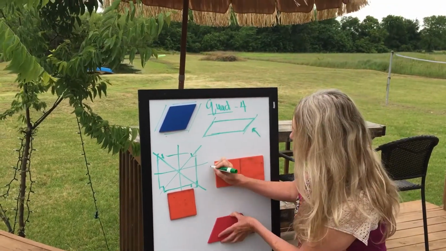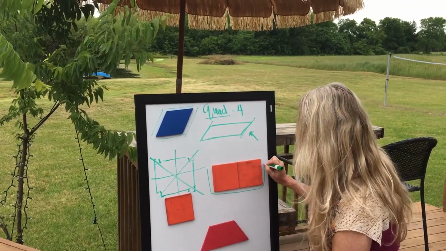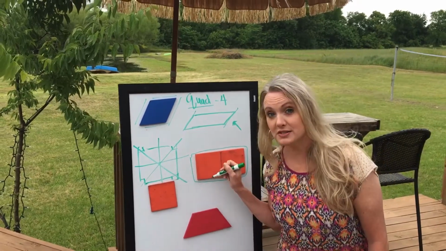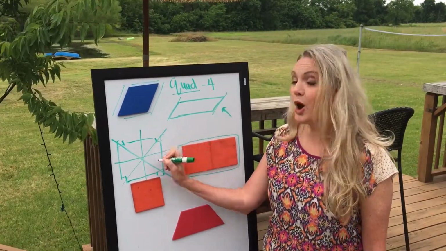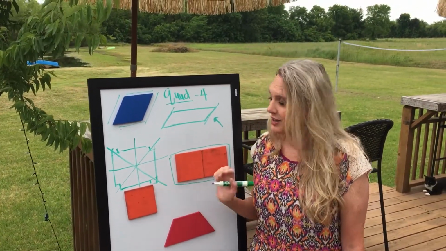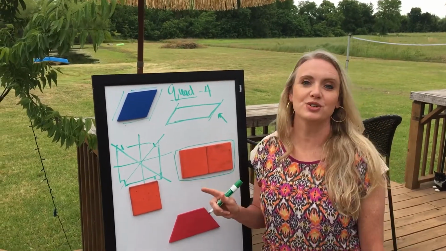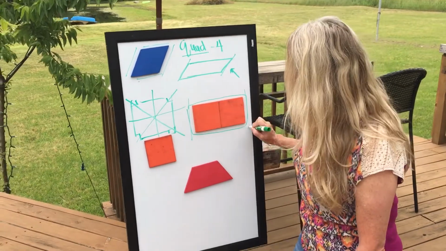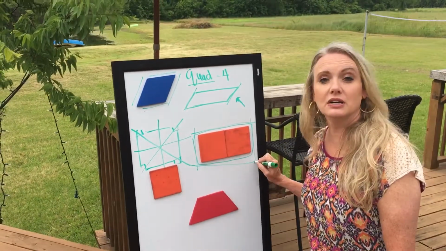The next one is a rectangle. Now, a square can be a rectangle, but a rectangle cannot be a square. Why? Because all the sides are not equal. So on a rectangle, it still has two pairs of parallel lines.